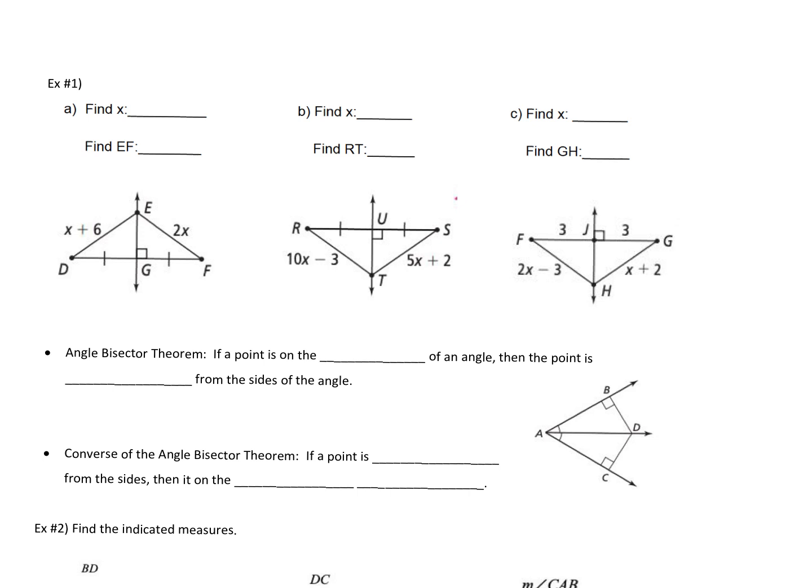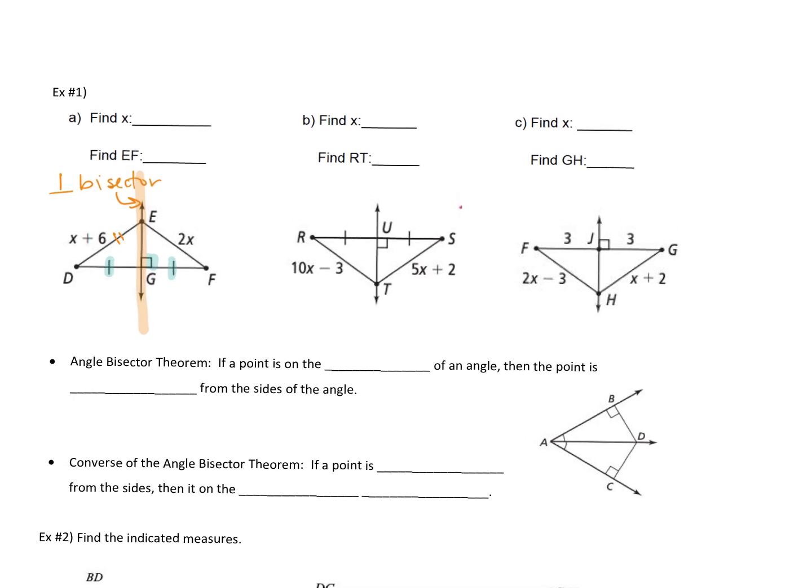They give us that this is perpendicular and these are congruent, which means this is a perpendicular bisector. That's our perpendicular bisector. If you have a perpendicular bisector, then the distance to the endpoints is the same, meaning this is congruent to that. So all you have to do to find x is say x plus 6 equals 2x, take away the x, and you get x equals 6.